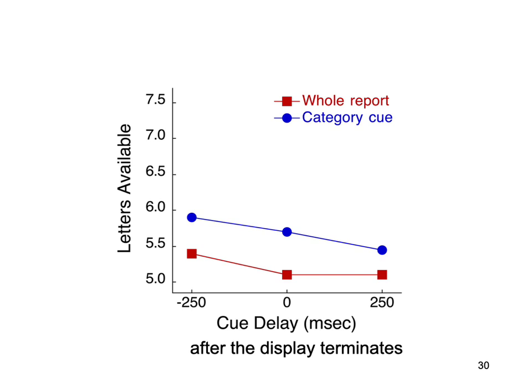Maybe a whole item. If you look at the 0 cue delay, which means the array is gone, and you hear a 1 or 2, not 3, because the whole report means report everything that you can get, but the category cue means letters or numbers.